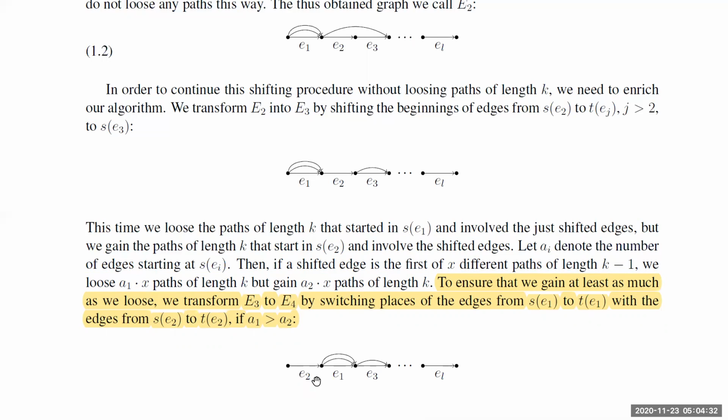So now our longest path begins with an edge E2. Of course, when we just relabel it, we still call it E1, E2, and so on. But here the point is that we make this switch. You can also think that you keep E1 and E2 unchanged, but you shift the edges in such a way that the number of edges from the first vertex to the second vertex is as big as the number of edges from the second to the third vertex, and then the other way around, you make the number of edges from the second to the third vertex as it was from the first to the second, right?